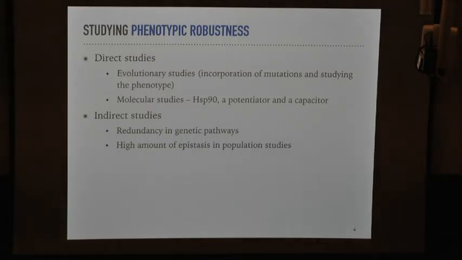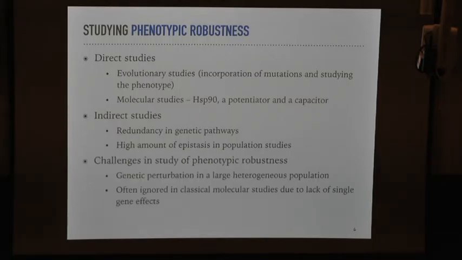So all of these studies try to understand the genetic mechanism, as well as the molecular mechanisms, of phenotypic robustness. Why is it so difficult compared to mapping variants for quantitative traits or diseases or any other complex trait? Because you have to do genetic perturbations in a large heterogeneous population to see the effect.